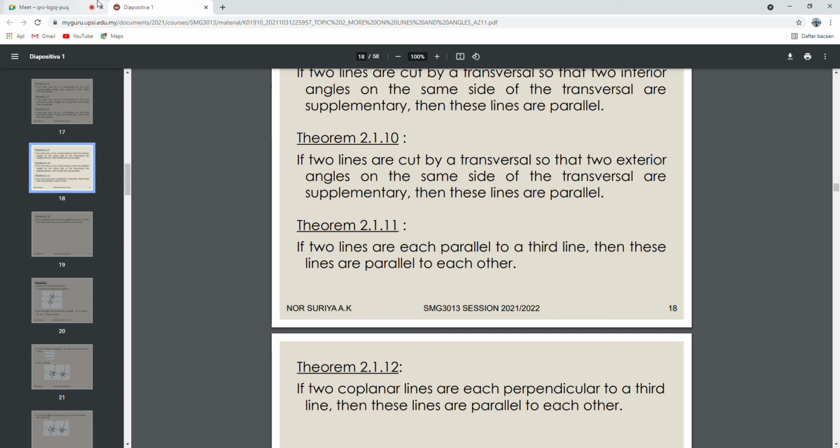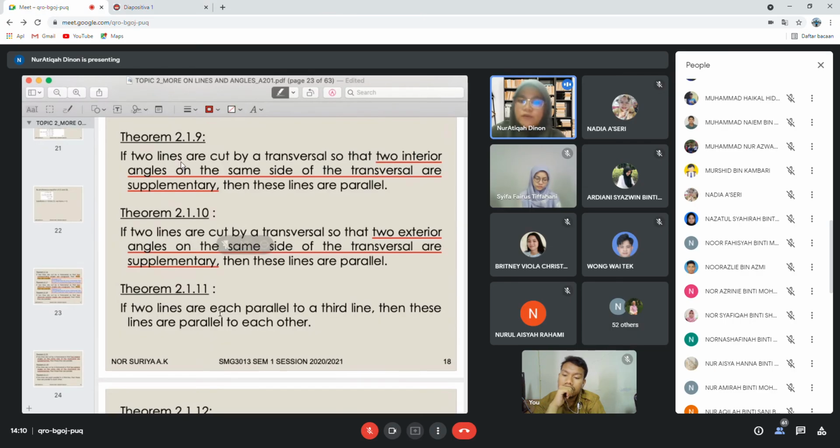So given that we have two lines, and line 1 is parallel to the third line, line 2 is parallel to the third line, then these lines are parallel to each other. It's just easy. Even this one is like a postulate. It's quite straightforward. Tapi maybe we can argue this statement, so they have proof for this theorem.